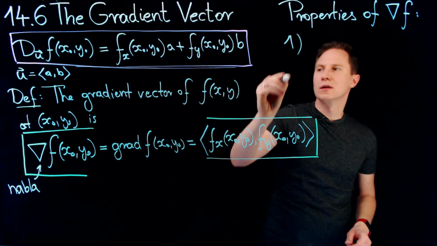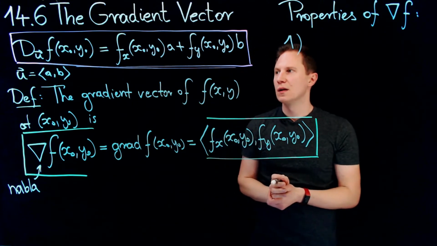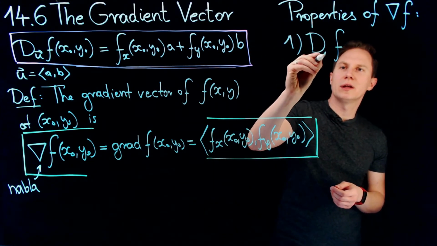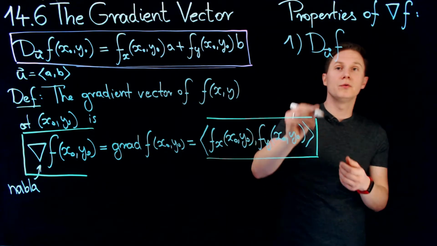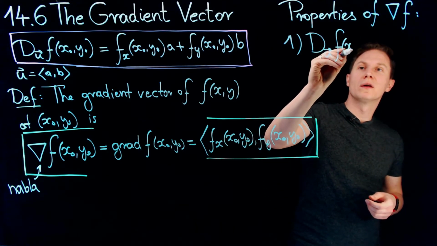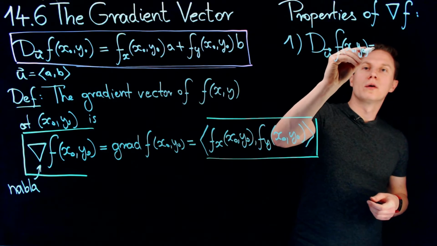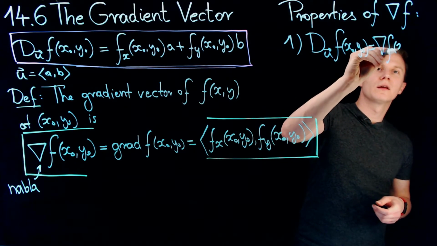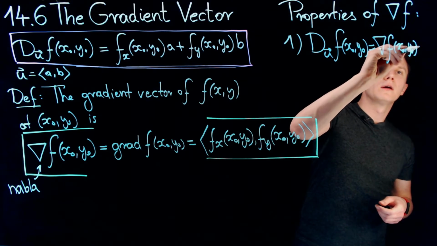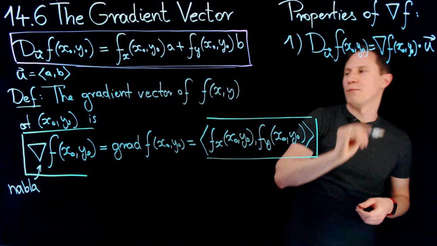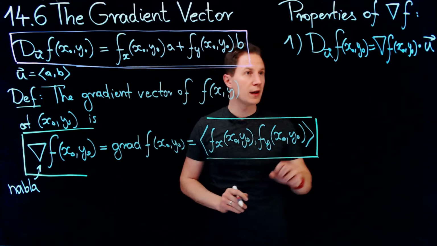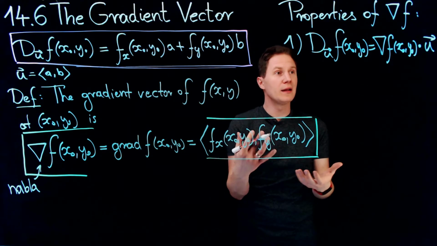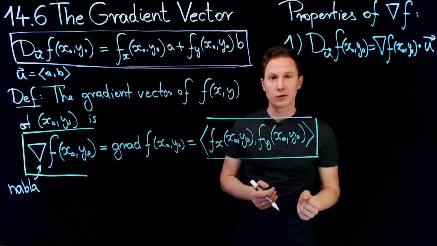Well, the first is exactly what we've just seen, that the directional derivative of the function in the direction of a unit vector u can be computed via the dot product of the gradient vector and u, the unit vector u. So that shows you that this gradient vector is a really handy tool in computing directional derivatives.